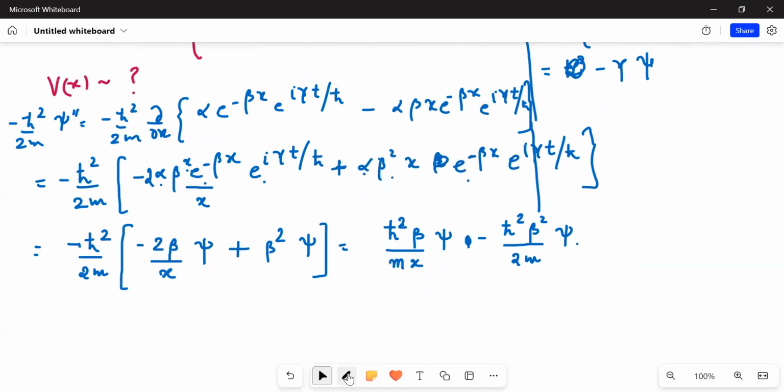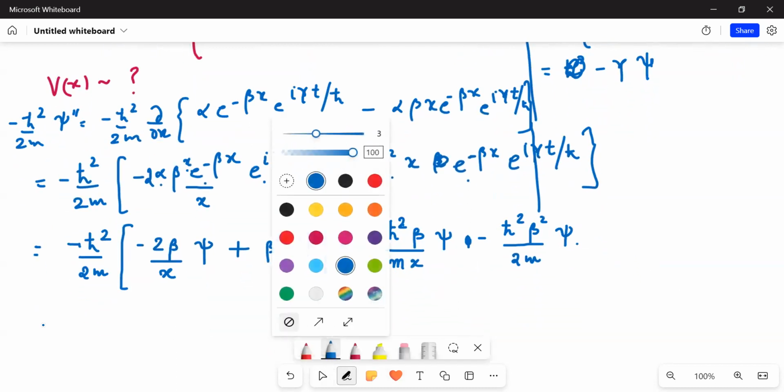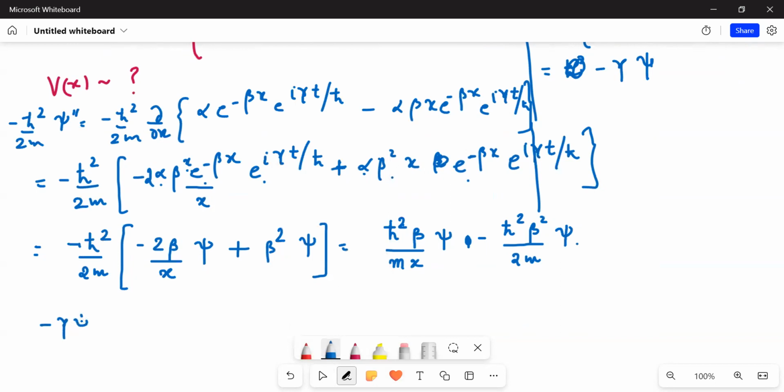So overall, what am I getting? I'm getting minus gamma psi is equal to ħ square beta upon m times x psi, minus ħ square beta square upon twice m psi, plus v as a function of x times psi.